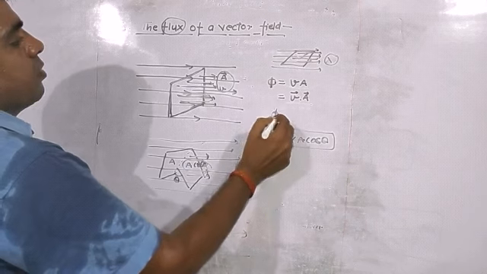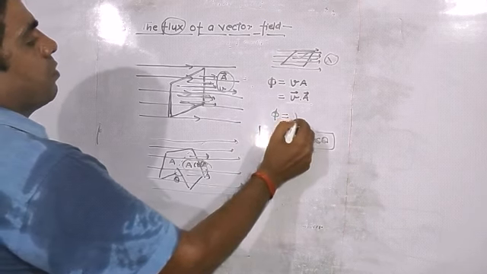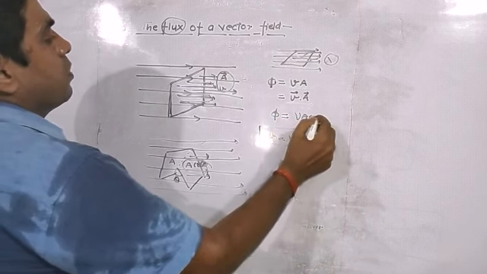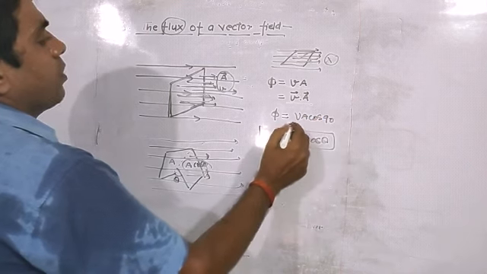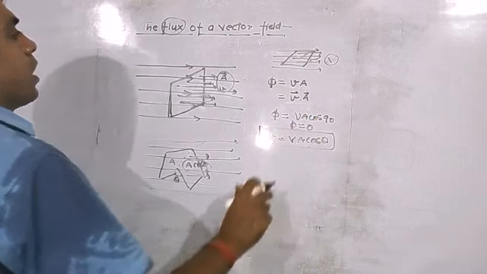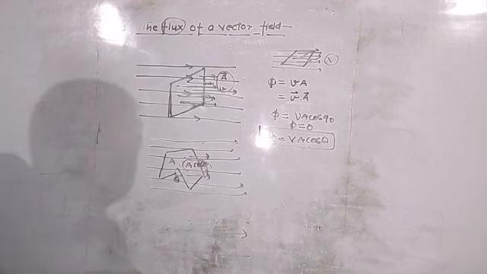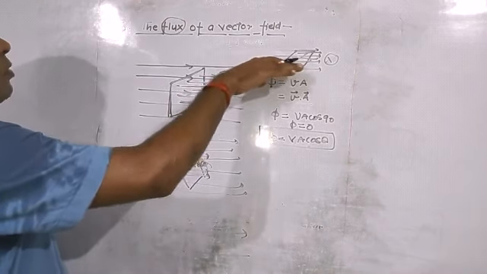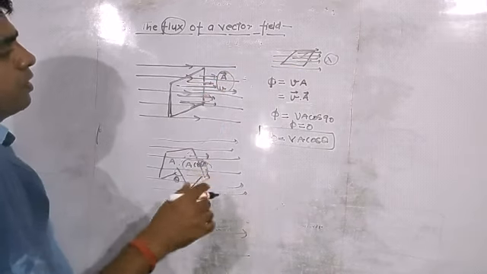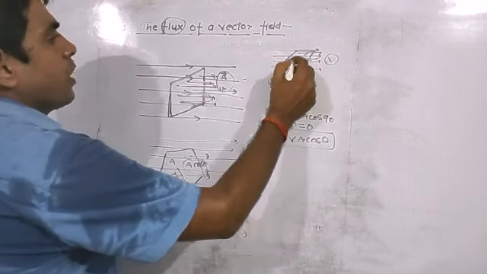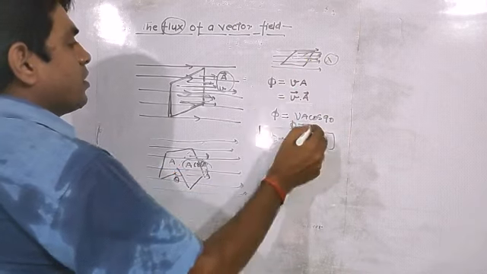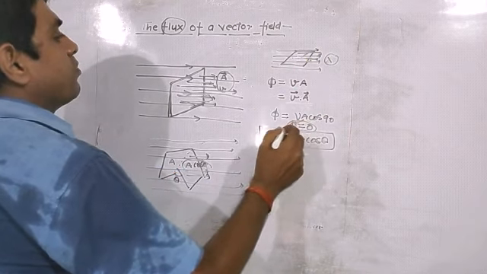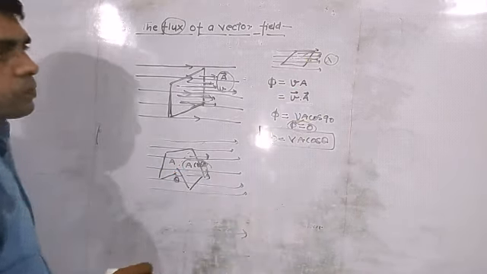In this case, phi will become vA cos 90, and it will become 0. That means if we place the square loop or the rectangular loop parallel to the flow of liquid or the flow of the field line, then no line will pass through it, and in such a case the flux will be 0.